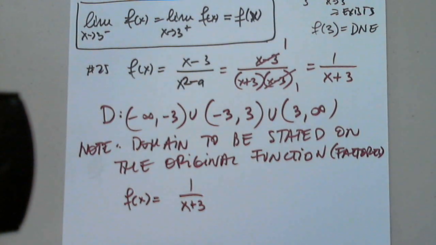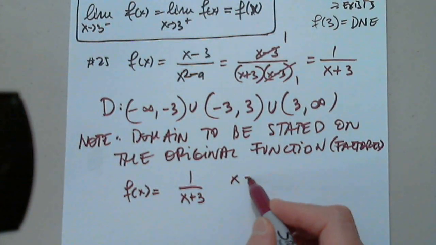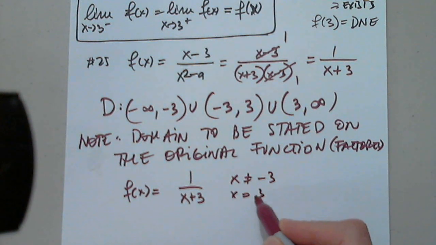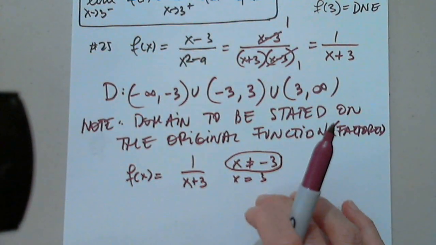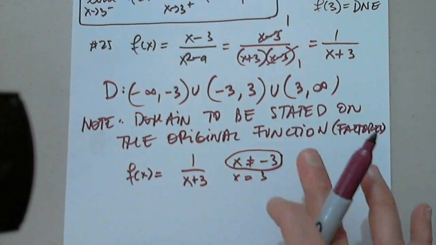And we realize that the function does not exist at negative 3 and positive 3. But let's go back for a moment. The problem is only asking us what happens at x equals 3. So we're not going to discuss negative 3.